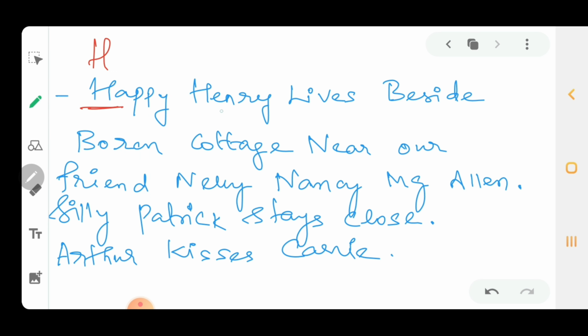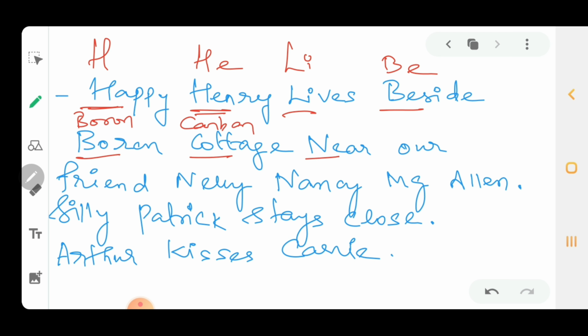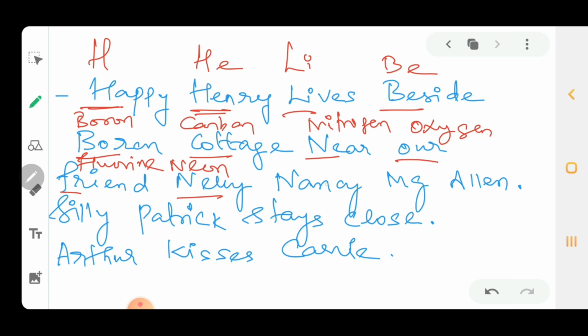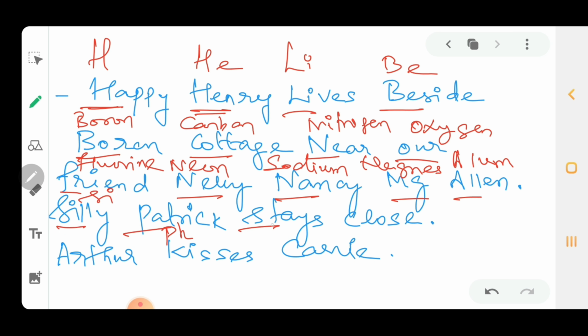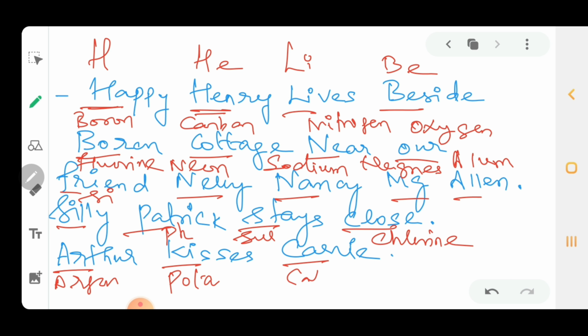H stands for hydrogen, and this is our helium, and Li stands for lithium, and this is our beryllium, and this is our boron and carbon, and N stands for nitrogen, O stands for oxygen, F stands for fluorine, Ne stands for neon, Na stands for sodium, Mg stands for magnesium, and then Al stands for aluminium, Si stands for silicon, P stands for phosphorus, S stands for sulfur, Cl stands for chlorine, and again Ar stands for argon, K stands for potassium, and Ca stands for calcium.